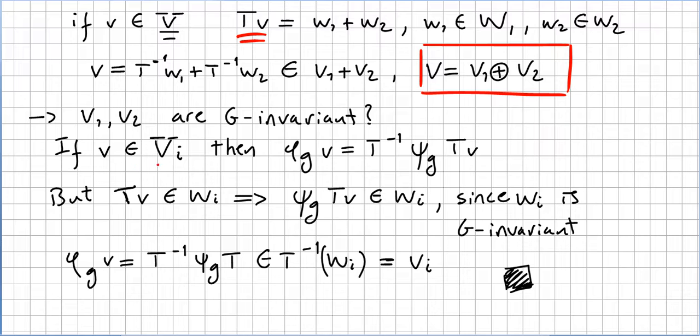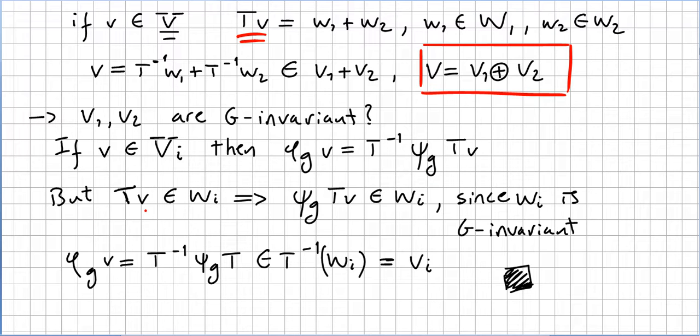If small v is in any of the vector spaces V1 or V2, then phi g of v will be, according to T, the inverse transform of psi g T v, because they are equivalent.